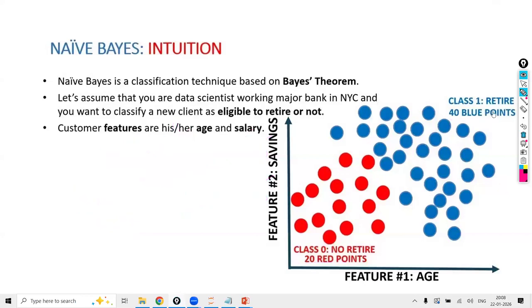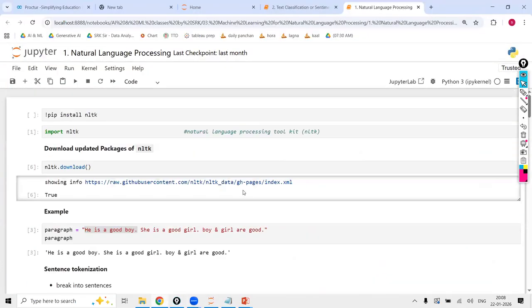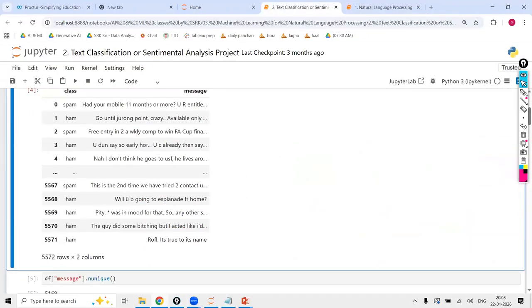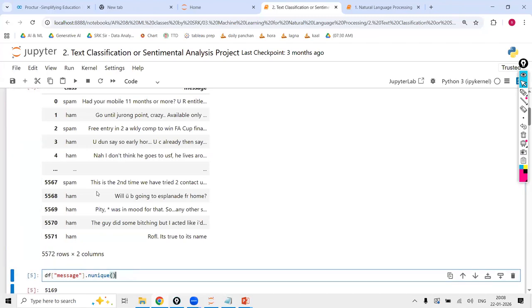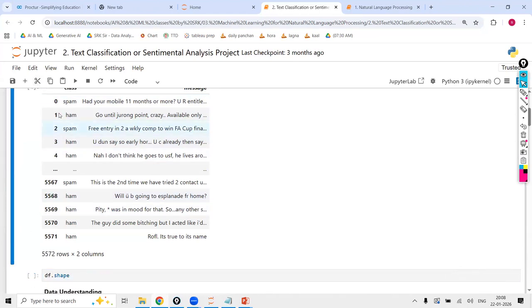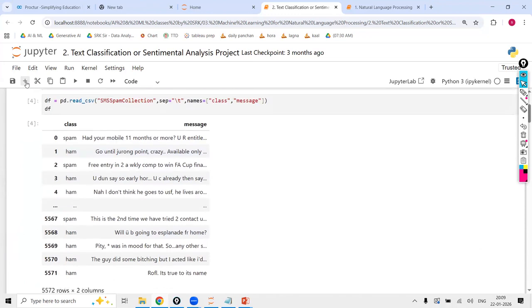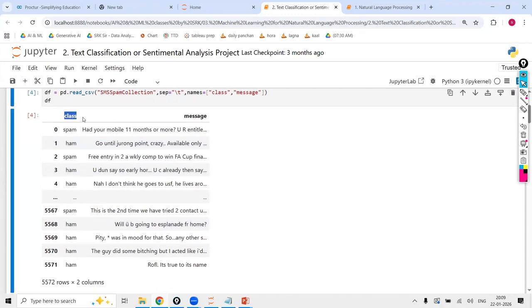Now, let's take an example like this. Here I have loaded one data set. Earlier I have shown you those mails and messages. I mean this one, right? Now, how many records are there in total, guys? 5,572 records are there. Out of 5,572 records in the data set, what have we received? First, our output variable. What is our output variable?